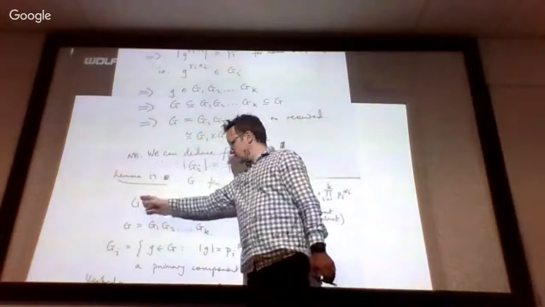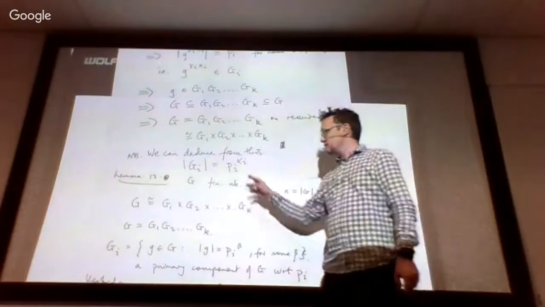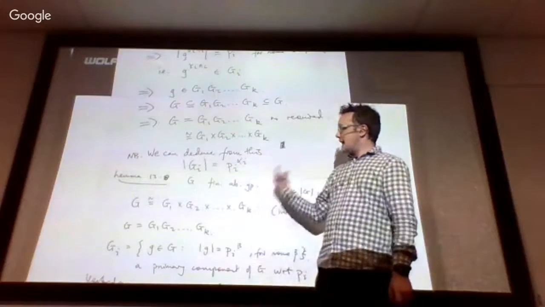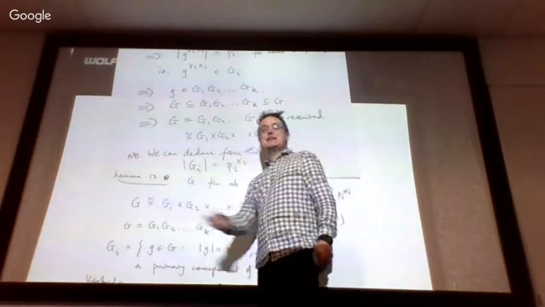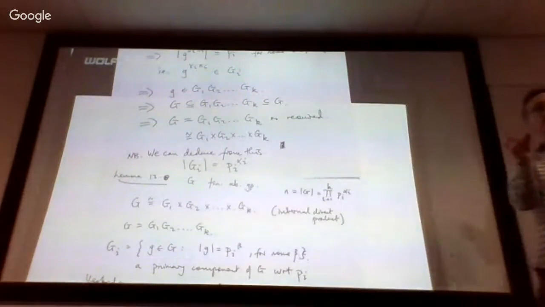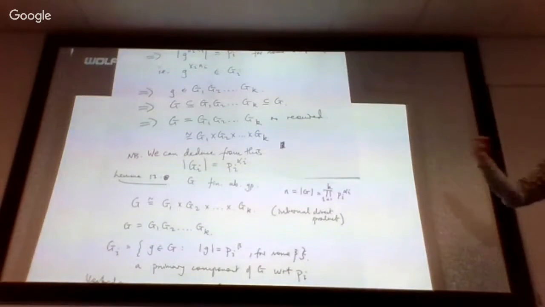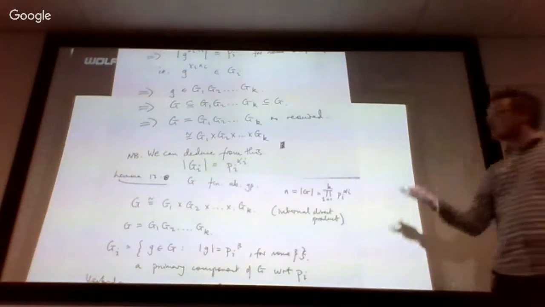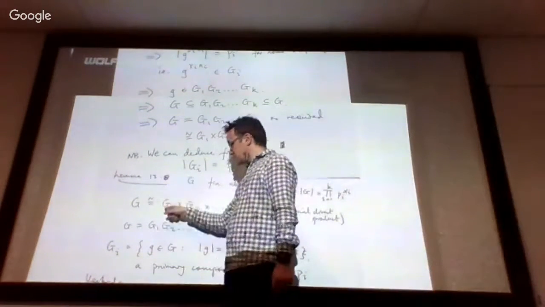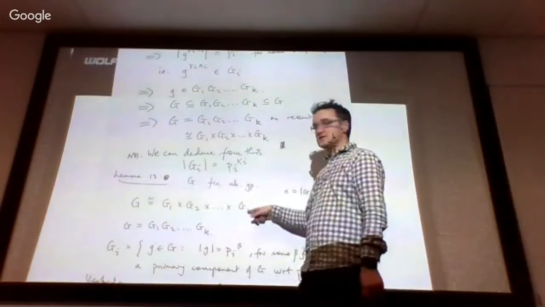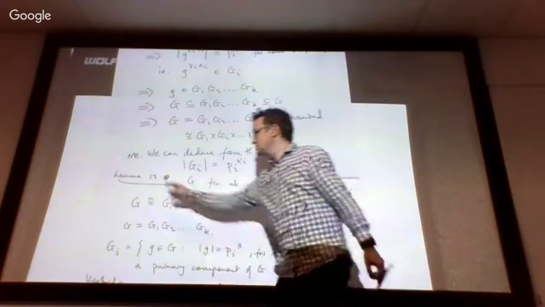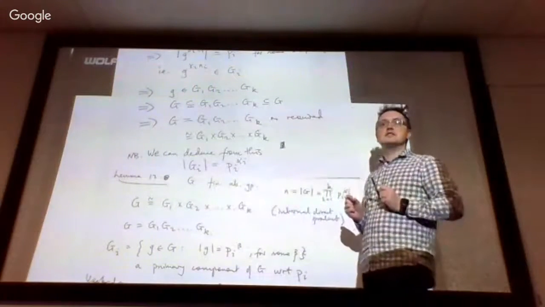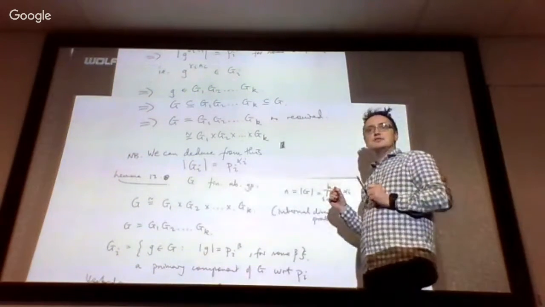Now we can see what we've achieved so far: G can be written as a direct product of p-groups. If we know we can write each p-group as a direct product of cyclic groups of order some power of the prime associated to that G_i, we'll do it for G1, G2, G3, up to Gk. Then G will just be the big, long direct product that you get from gluing them all together.